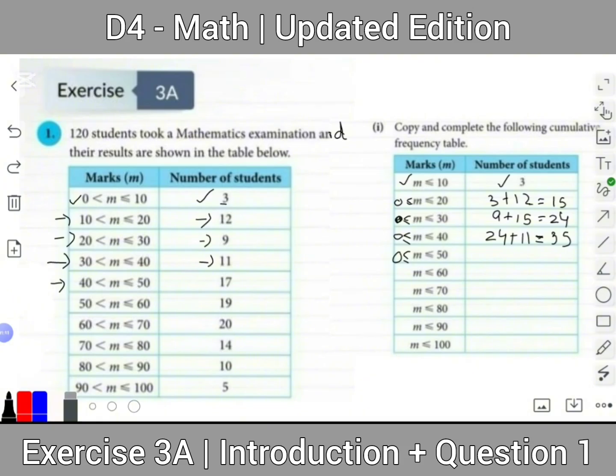We can add on this new frequency of 17 to the previous total 35. So 17 plus 35 gives us the cumulative frequency of 52.